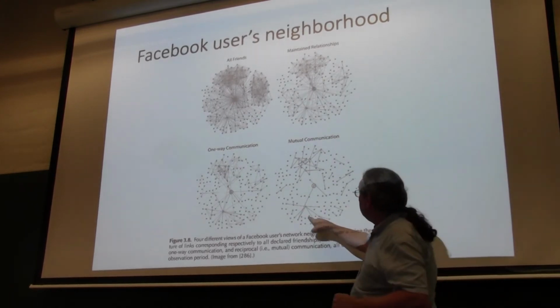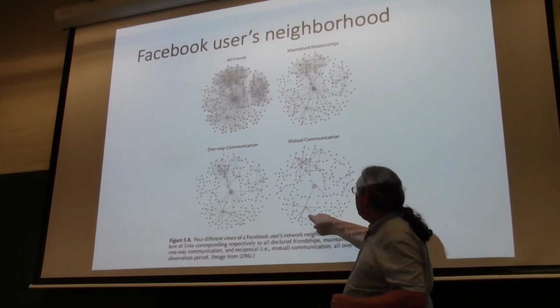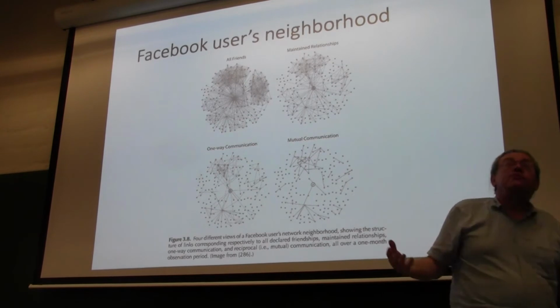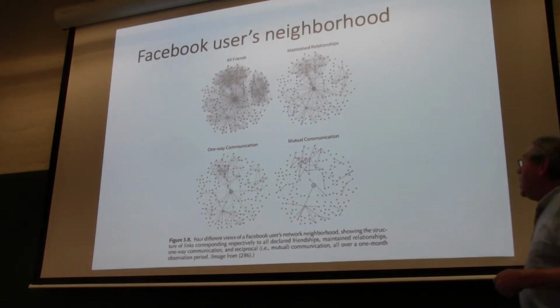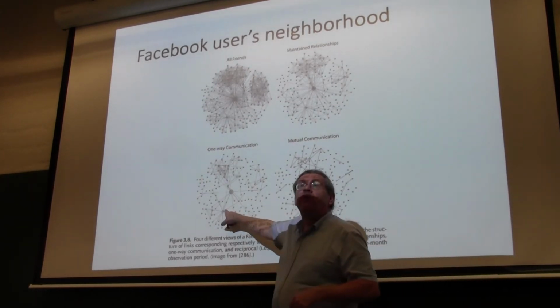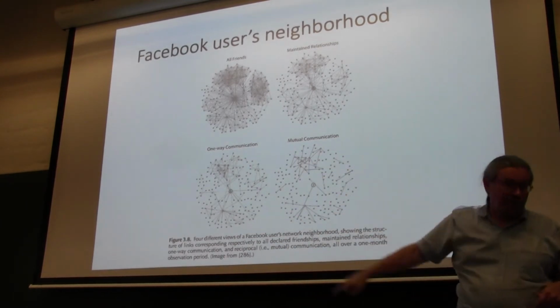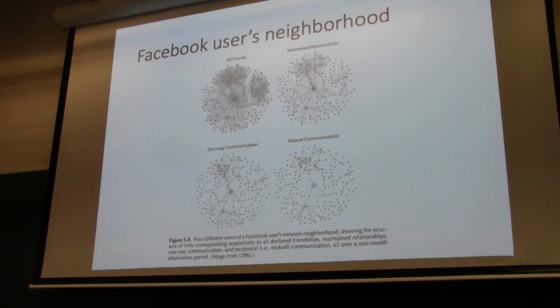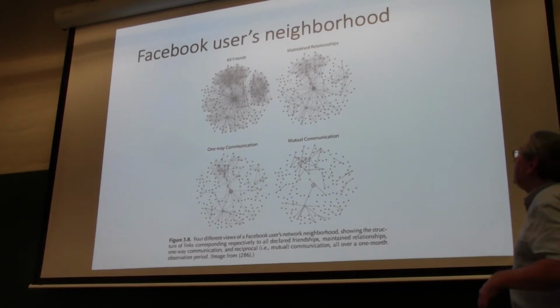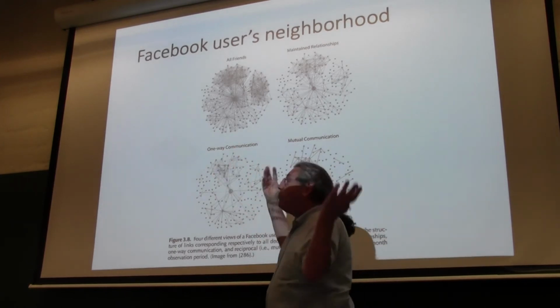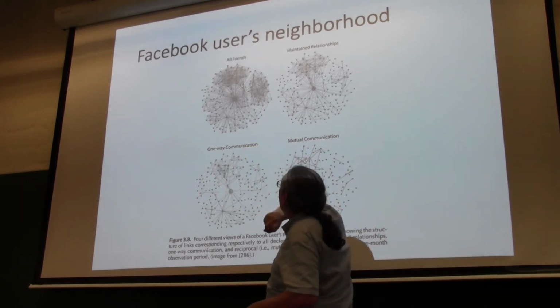You see there are not so many, it's very light here. That's normal. But one way, it's a little bit more. And then the maintained relationships, where sometimes I look at somebody's page, but I don't communicate, it's even more. But the ones that are just declared, but nothing happens, there are even a lot more.